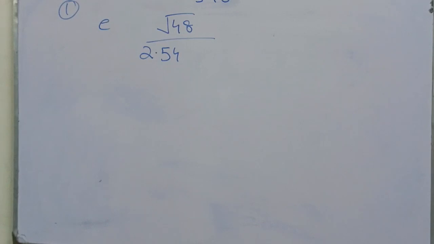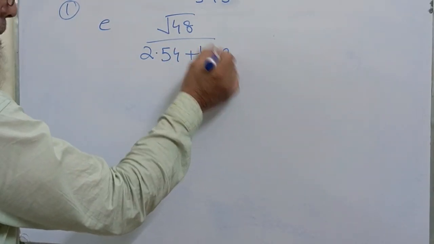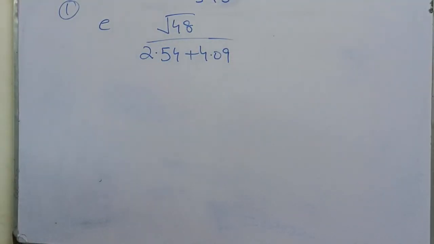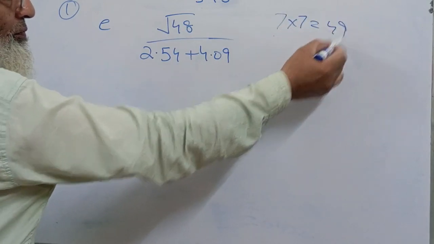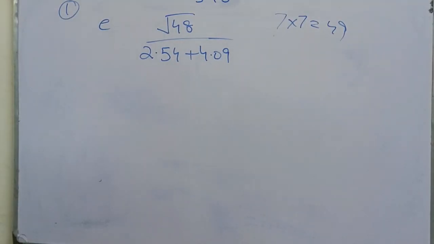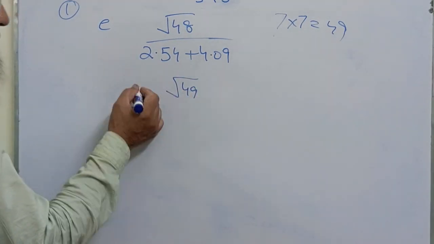Yes, it is added with this one. Now you know that 7 times 7 is 49. Now this is 48, so we can just estimate it to 49.